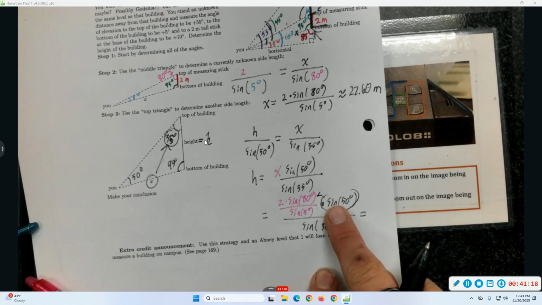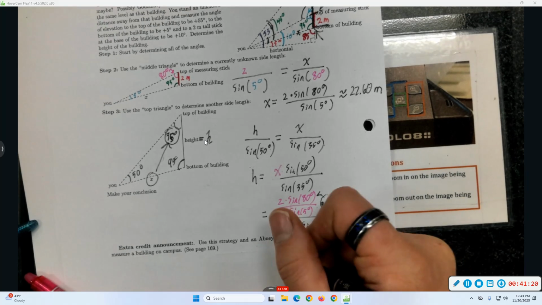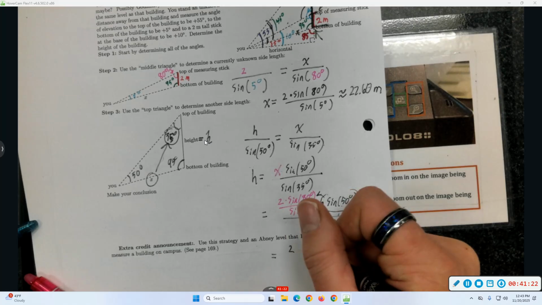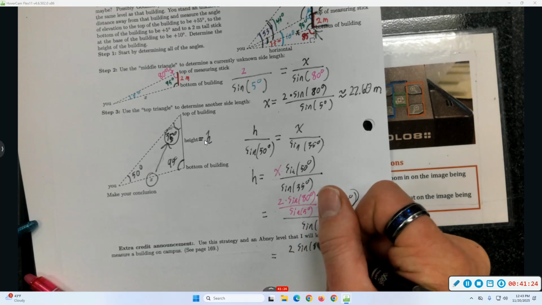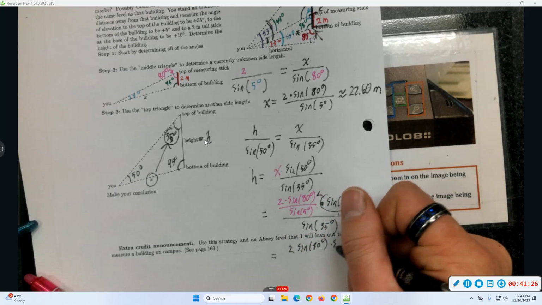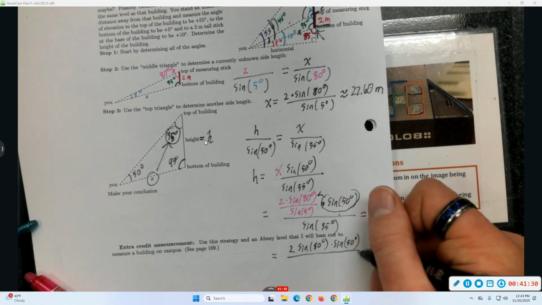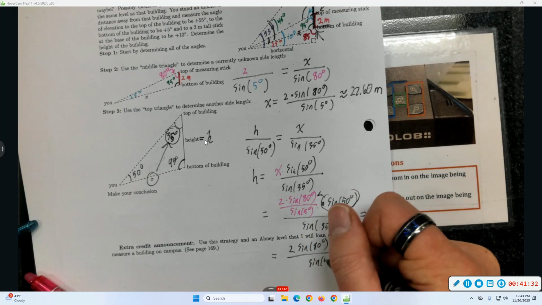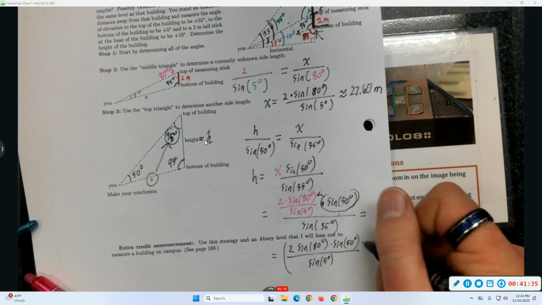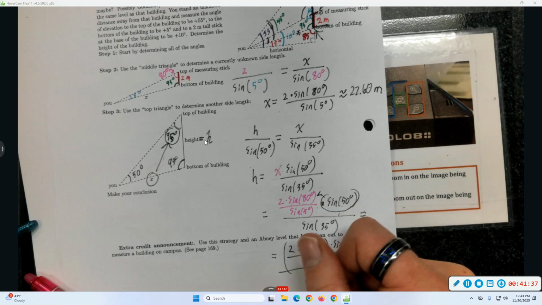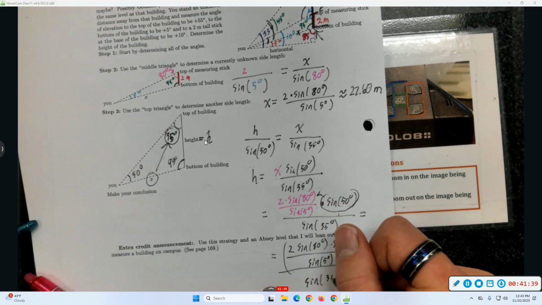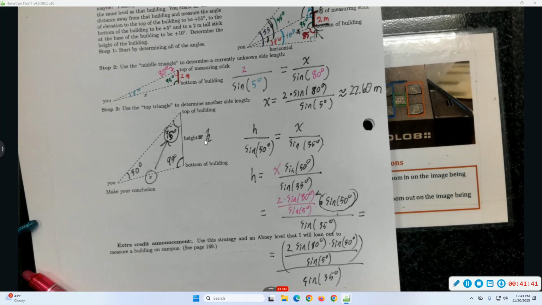If you do that, you'll get 2 sine 80 degrees times sine 50 degrees, then divide that by sine 5 degrees, then take all that and divide it by sine of 45 degrees. Do you buy that?